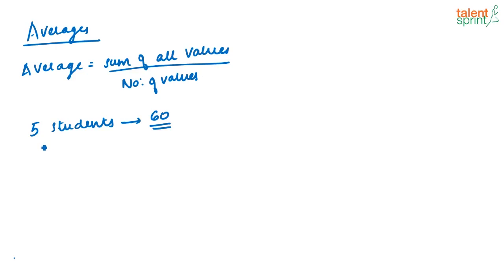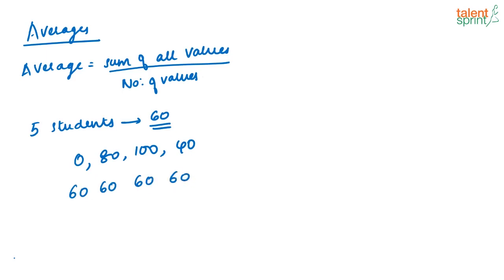So in a class, if I say that there are 5 students and their average marks is 60, what does that mean? Does that mean that each student gets 60 marks? No. There can be one student who has got 0 marks, one who has got 80 marks, one who has got 100 marks, one who has got 40 marks, etc. But average is 60 means that if I distribute the marks equally among the students, each student will get 60.